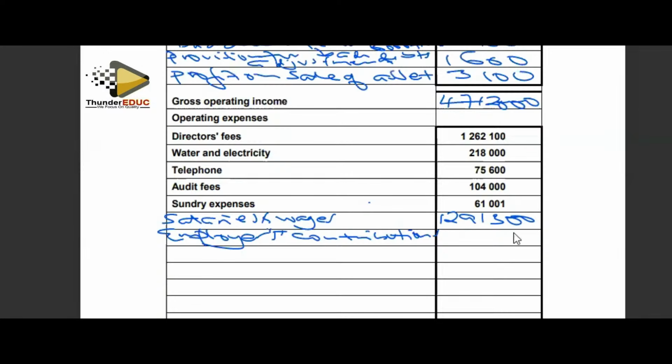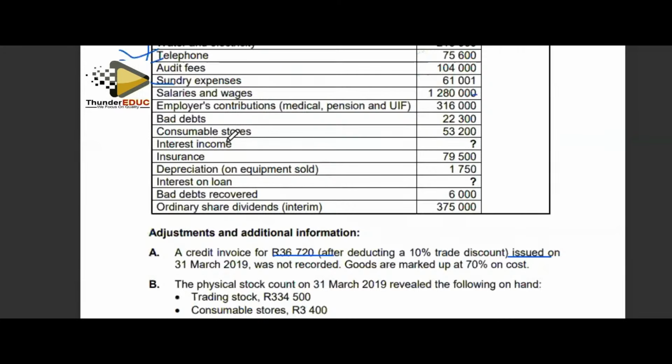Okay. Then the other expense, we have to go and follow them in their order. The other expense is about bad debts. Bad debts are given as 2,300. So we need to check whatever they said about bad debts.